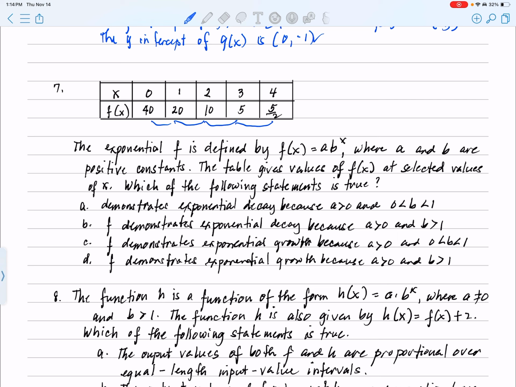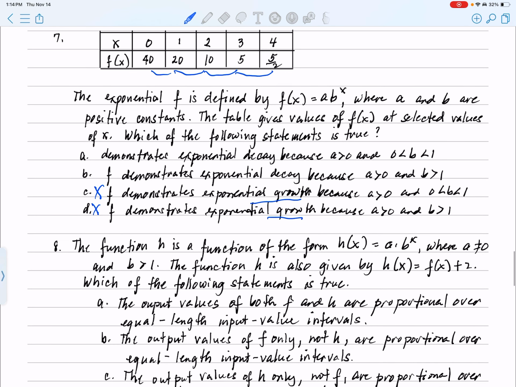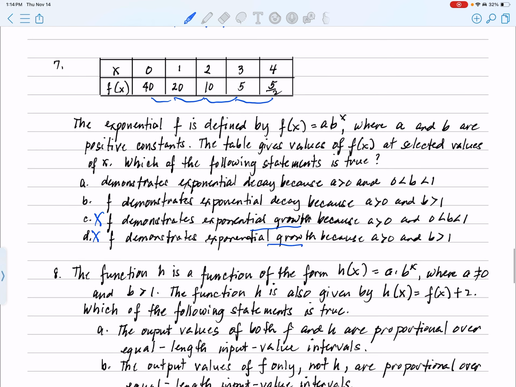That means C and D you can eliminate right away because they talk about growth. The table does not demonstrate exponential growth. It demonstrates exponential decay. So our choice would be either A or B.